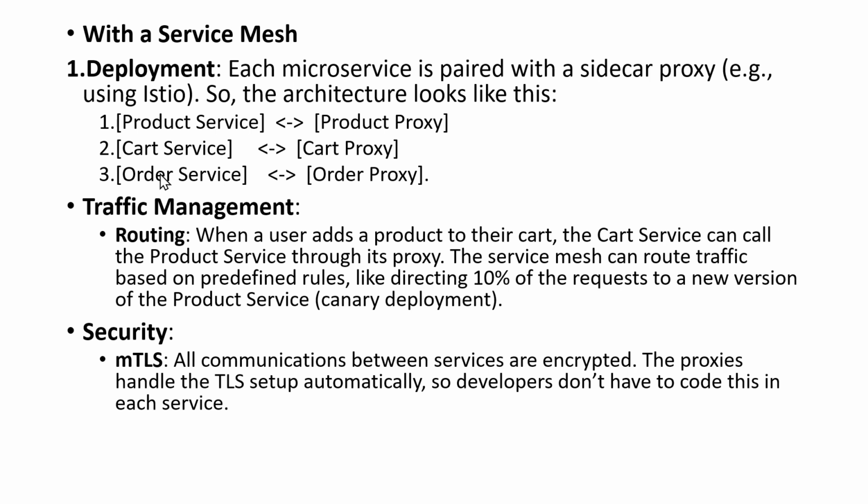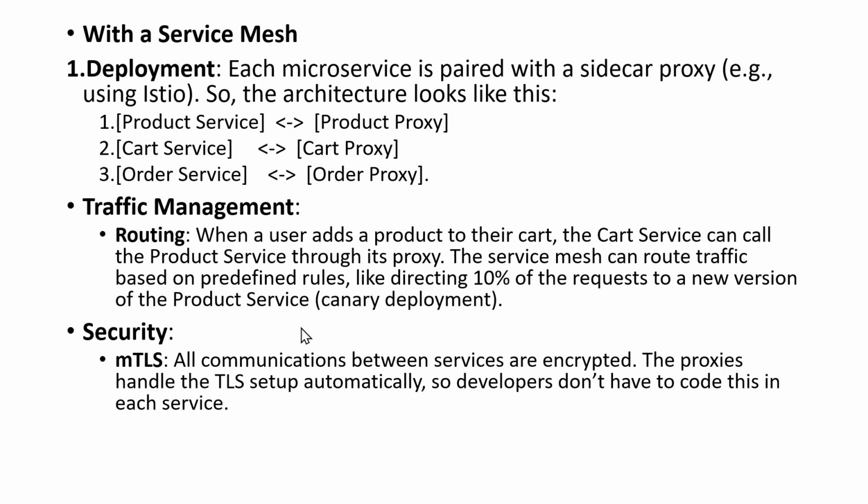How the traffic is managed here, we'll see. So routing. When a user adds a product to their cart, the cart service can call the product service. So the cart service will interact with the product proxy. The service mesh can route traffic based on predefined rules, like direct 10% of requests to the new version. That is canary deployment, as I just mentioned, right?